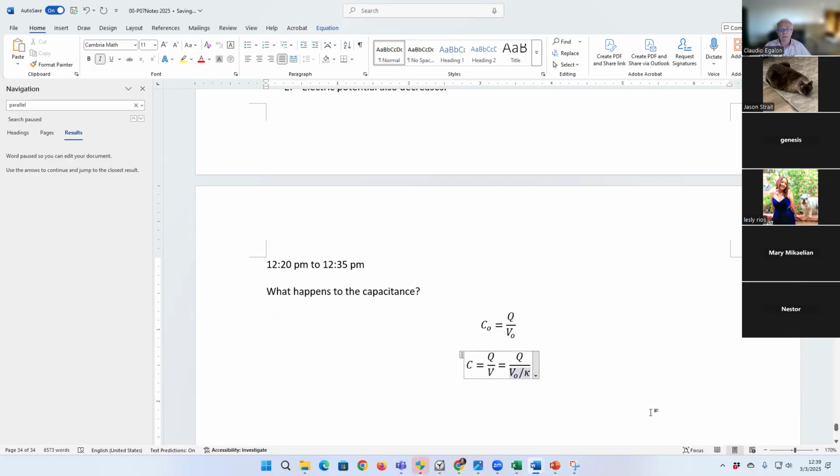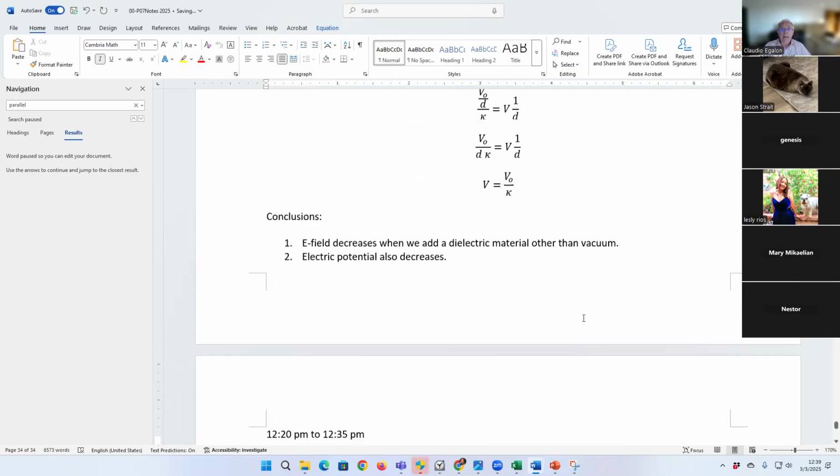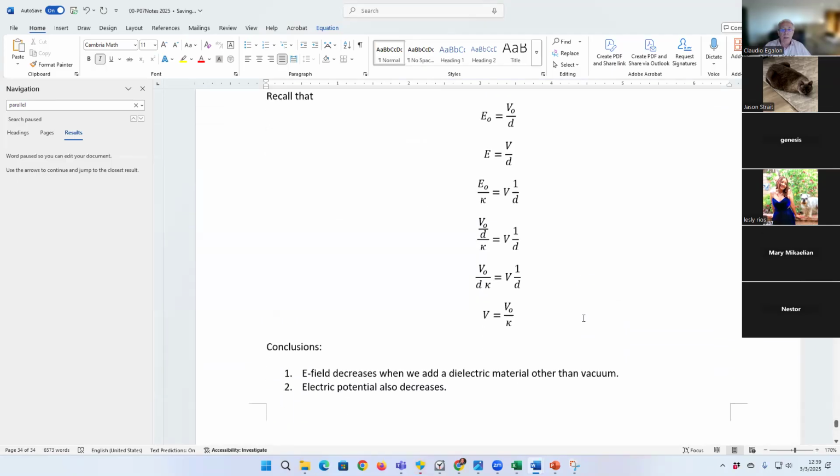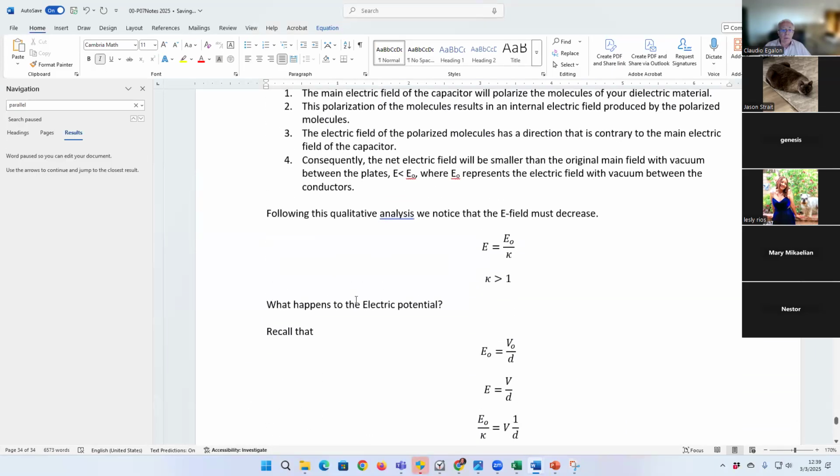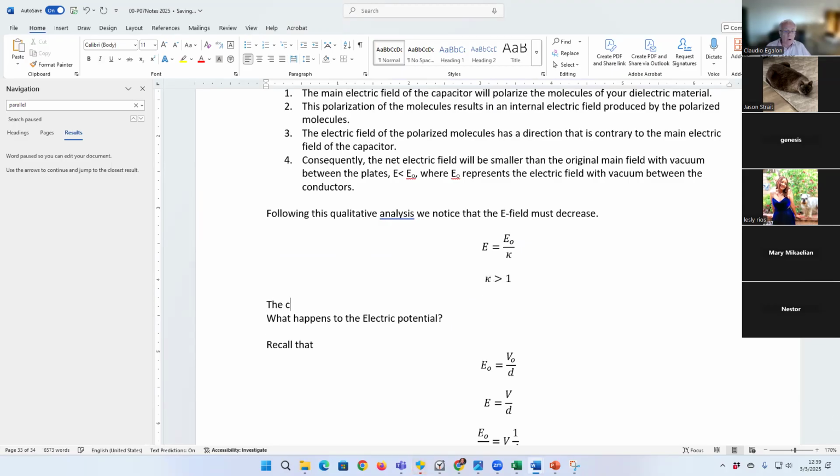This kappa depends on the properties of the dielectric material.